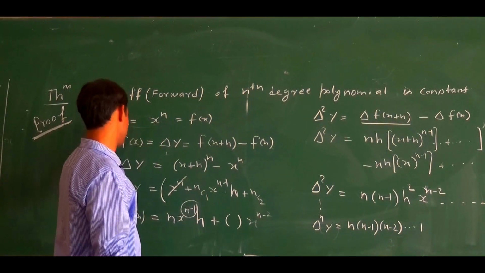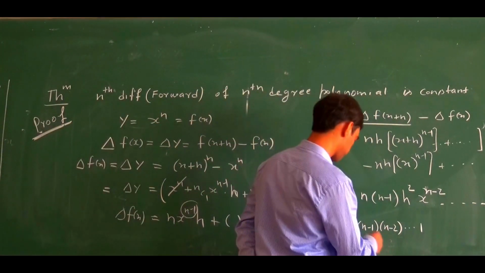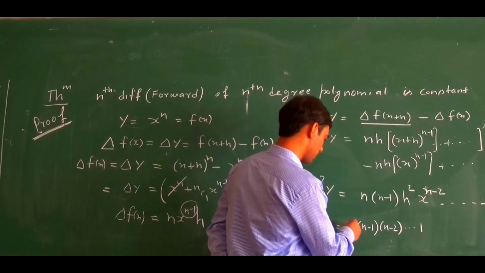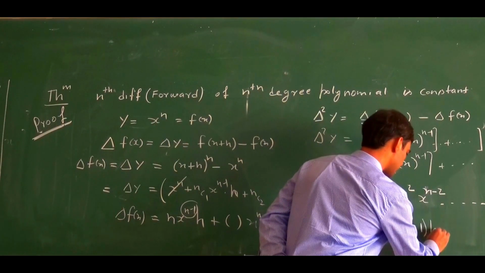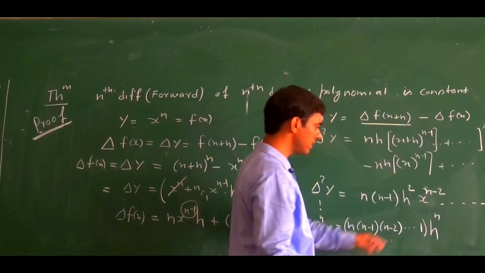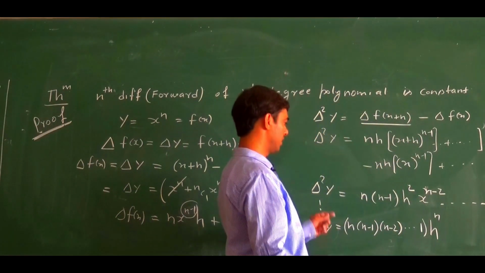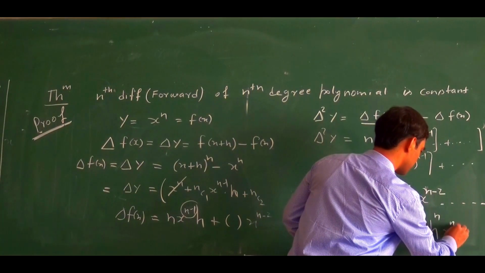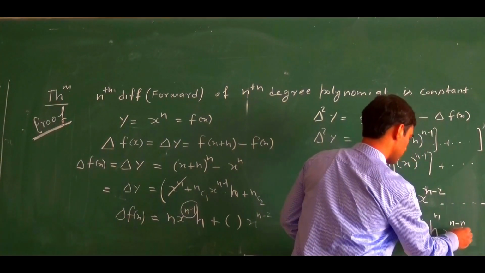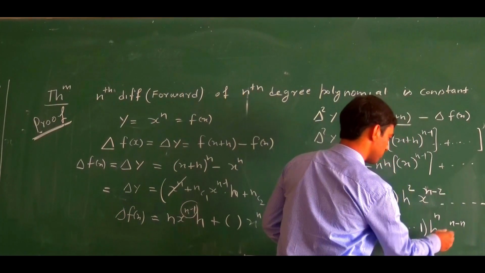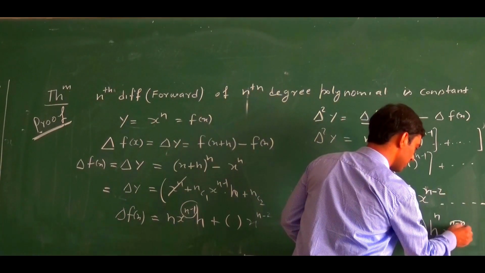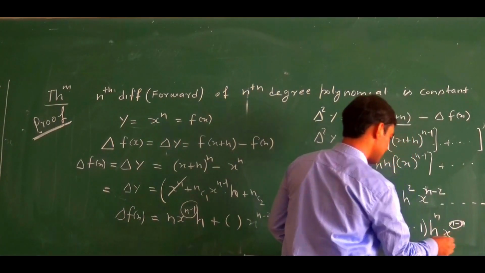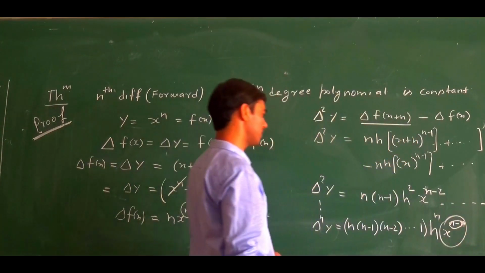If this one is 0, then power 0. Now this becomes h to the power n. Now what is the power of x? If this is 2, then this is n minus 2. Then this is x to the power n minus n, which is x0. And this becomes a constant, x0 becomes 1.